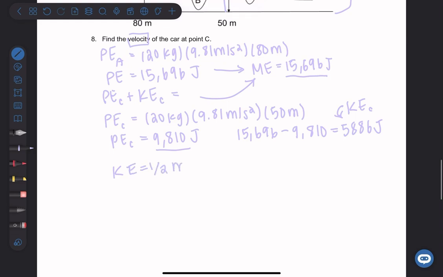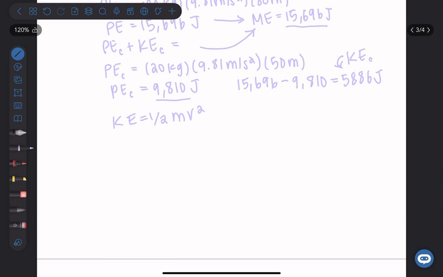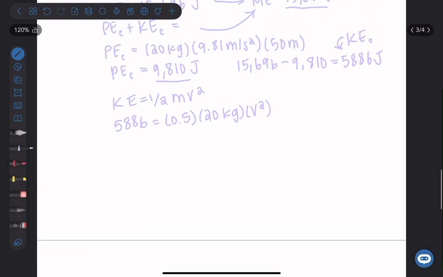1/2 mv squared. So the kinetic energy is 5,886, 0.5, mass is 20. We're solving for V. So 20 times 0.5 is 10, and you divide both sides by 10. 5,886 divided by 10 is 588.6.